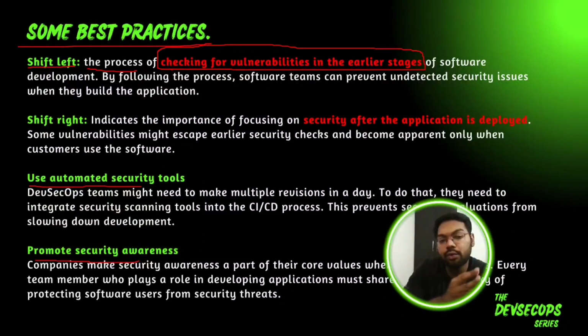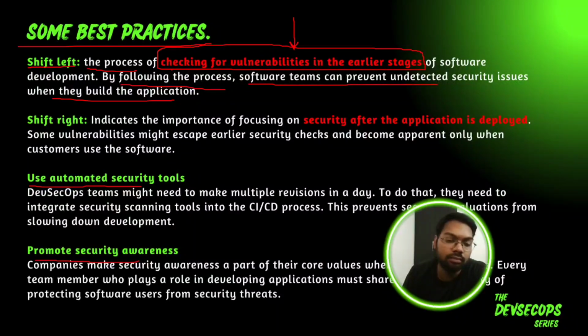Security is something you need to adopt and check early. This is what you have to check before you deliver any software. By following this process, software teams can prevent undetected security issues when they build the application. I hope you have got the point.